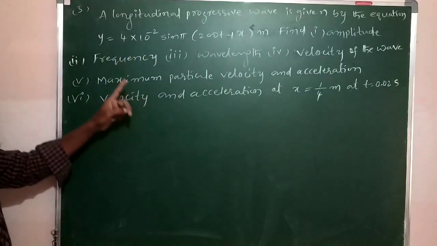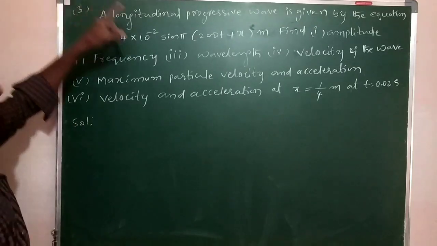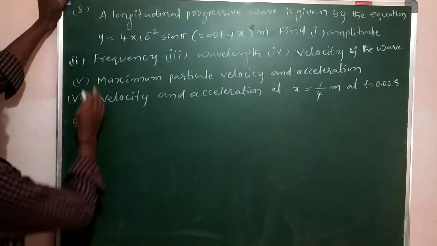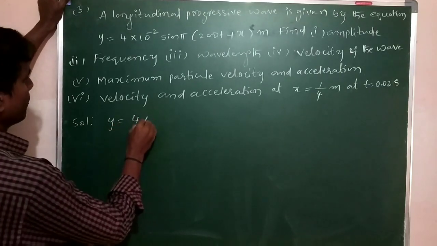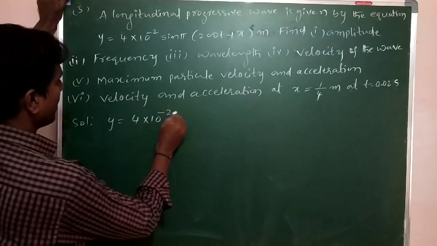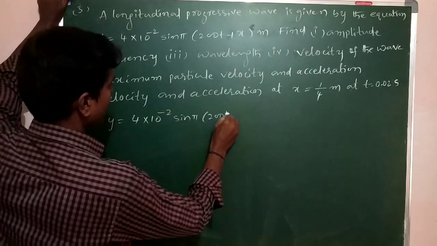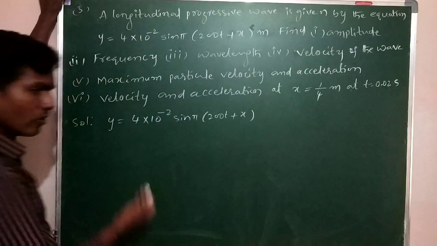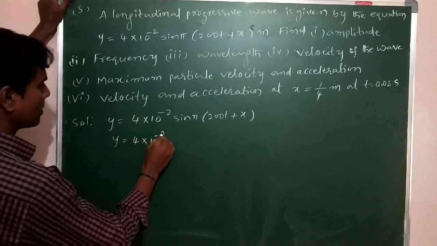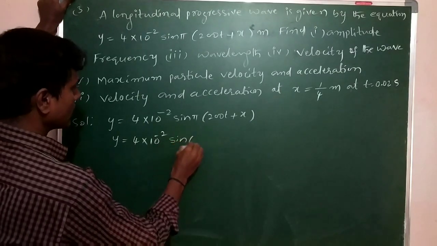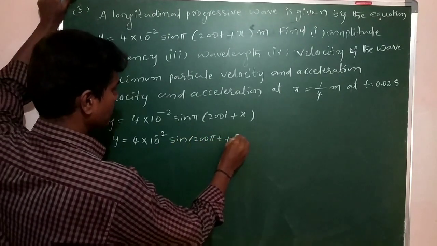The first step: what is the equation given in the problem? The wave function is y equal to 4 into 10 power minus 2 sin pi (200t plus x). We can also write it as y equal to 4 into 10 power minus 2 sin(200 pi t plus pi x).